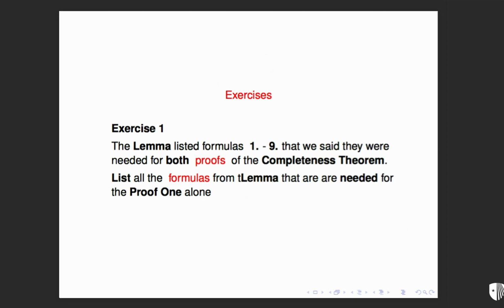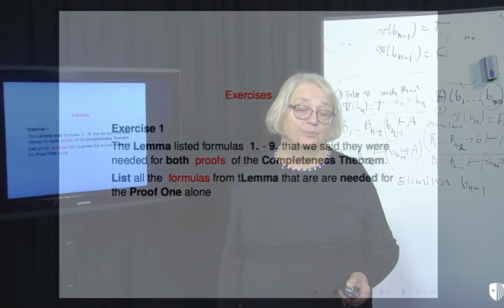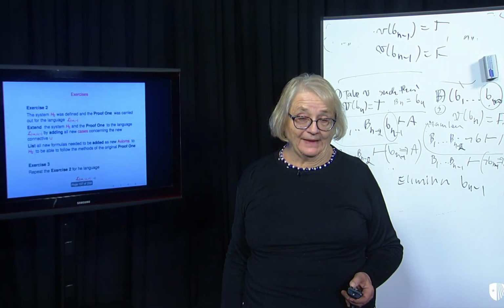So first exercise: the lemma formulas, we said they were needed in the completeness proof for the completeness theorem. List all the formulas from lemma 1, which I listed for you, that are needed to prove the theorem alone.